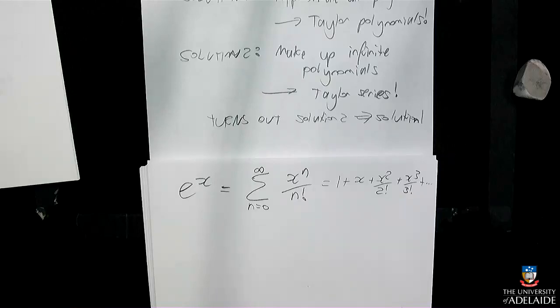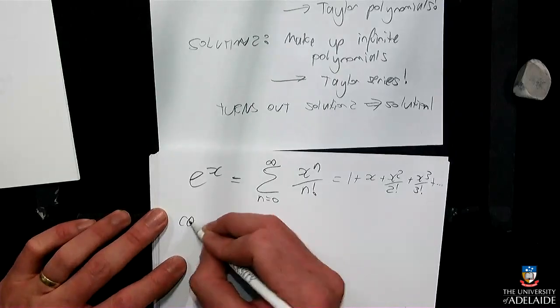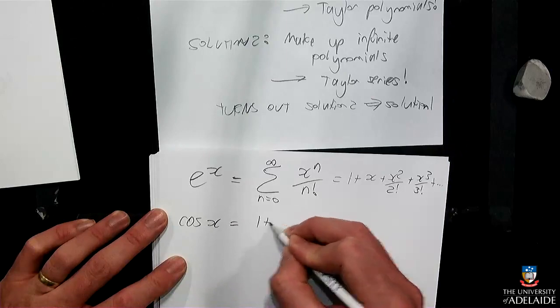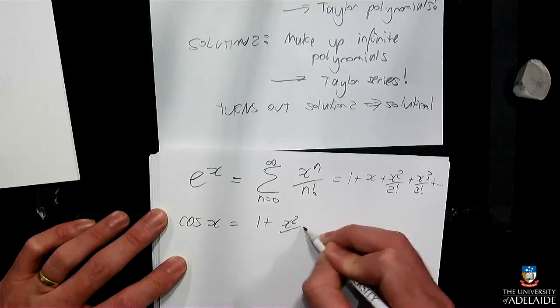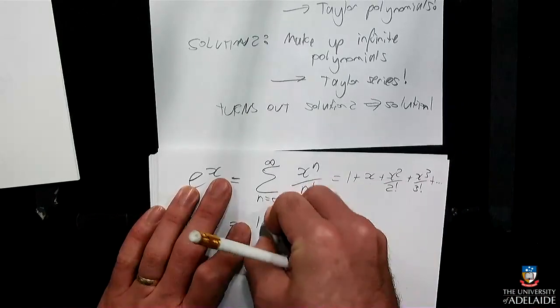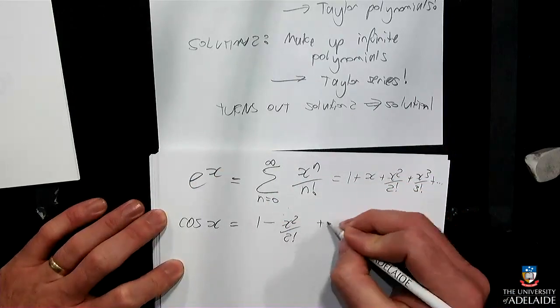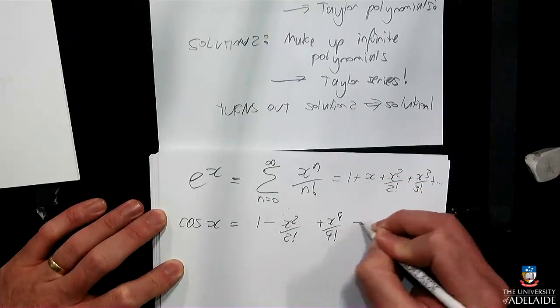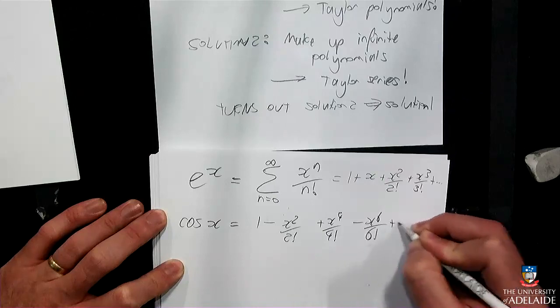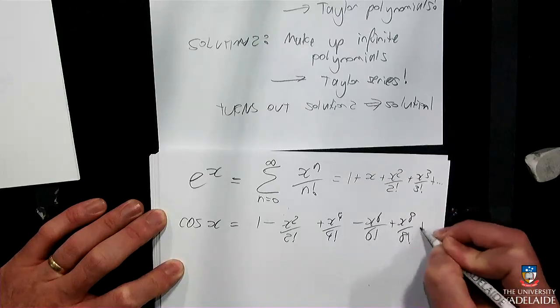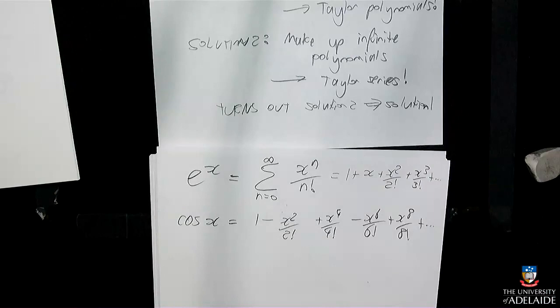Okay, and sine and cos are nice. Sorry, it's a minus. So with cos, you only have the even-powered ones from e to the x, and they switch between plus and minus. So cos is an even function, which means its Taylor series will only have even powers.